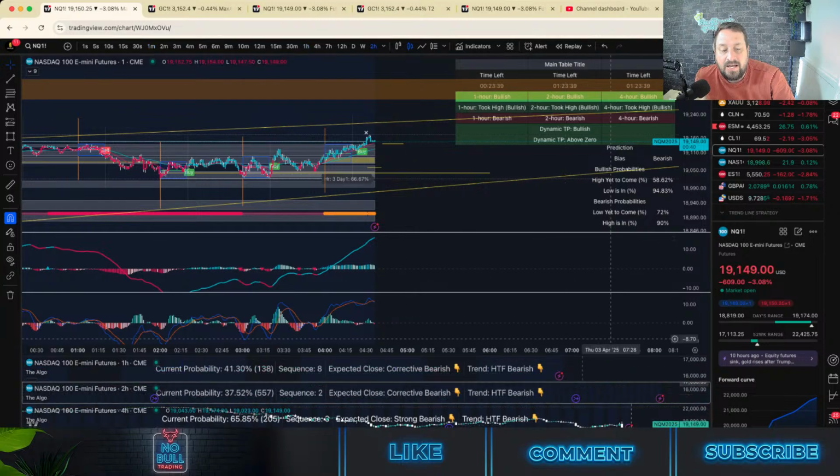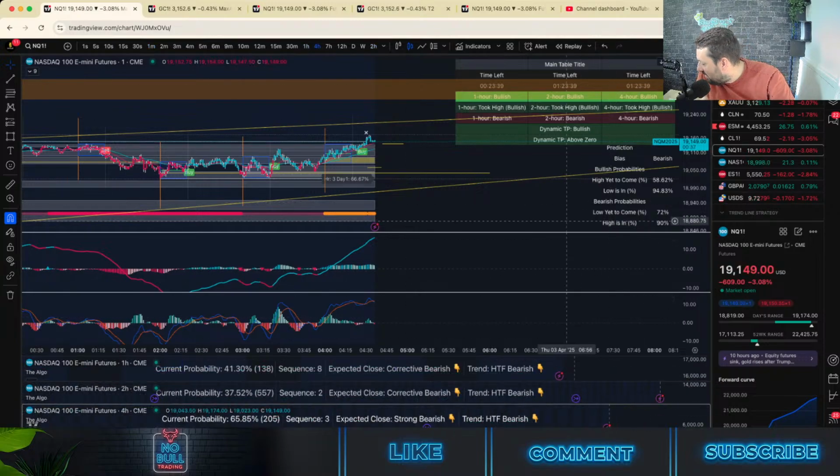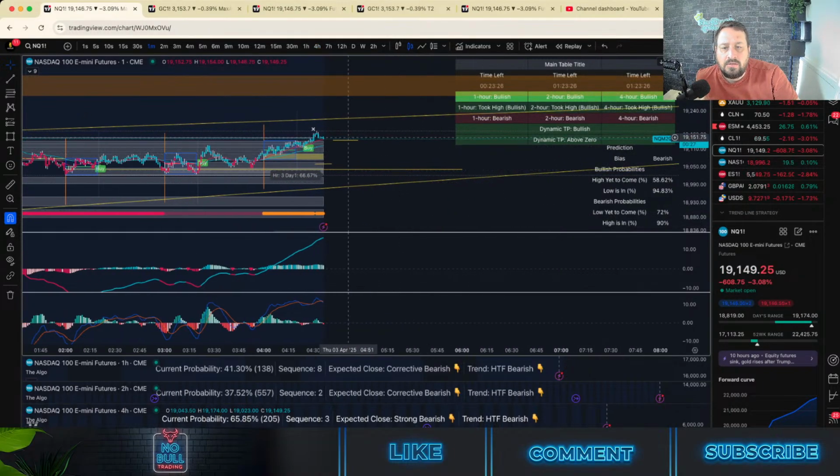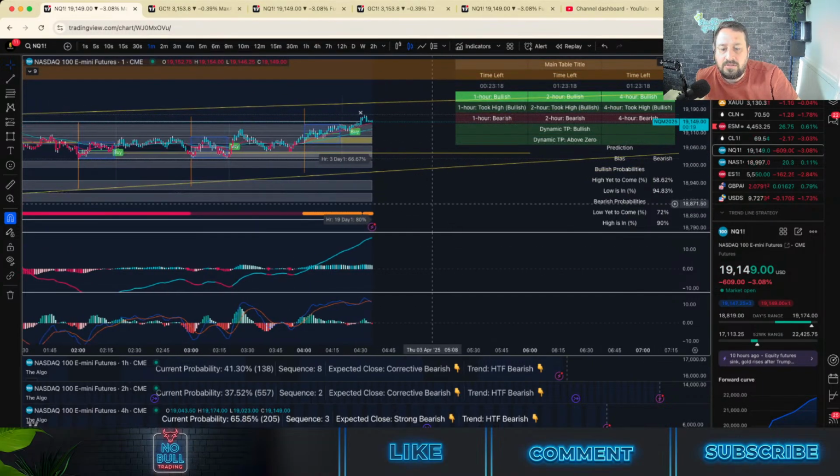So yesterday we had on gold, one of the things that I loved, we had every single time frame, 1, 2, 4, all aligned bullish. Sequence 1, which I liked a lot. So this isn't a lazy boy trade, right?